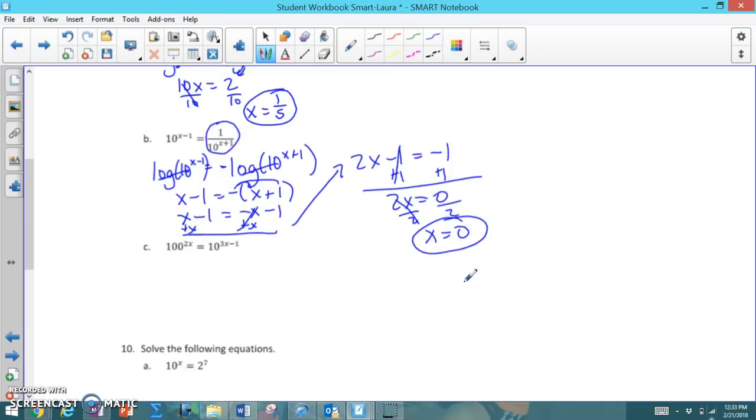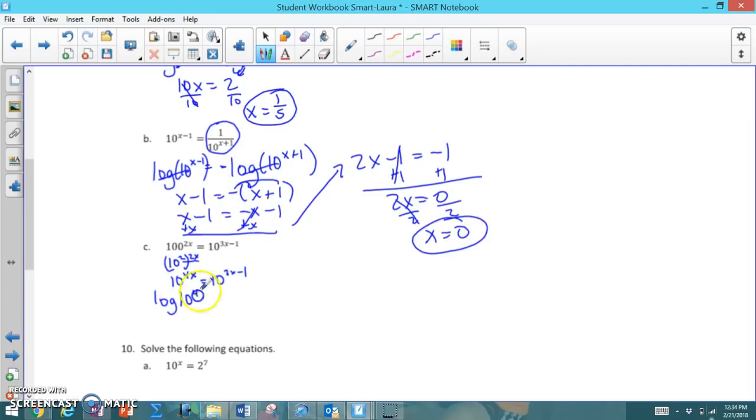And again, if we continue on, if I log the left-hand side, right now, I'd have log base 10 of 100, so I can't do anything with that, but I do know that I can rewrite 100 as 10 squared, and then if I have power parenthesis power, this is the same as 10 to the 4x. So if I have 10 to the 4x equals 10 to the 3x minus 1, then I can log both sides.